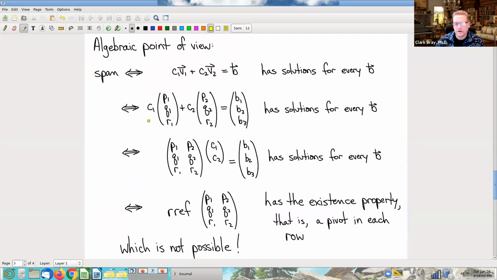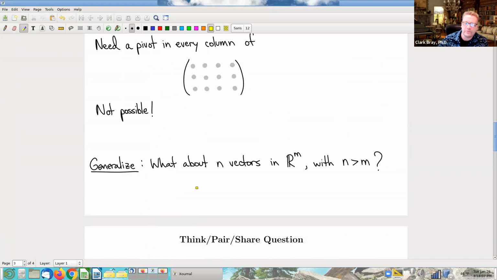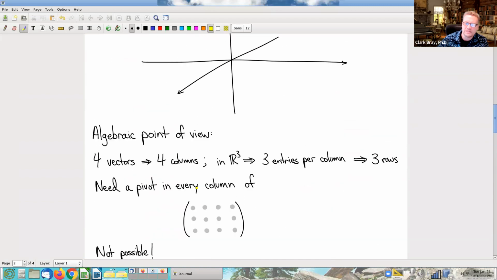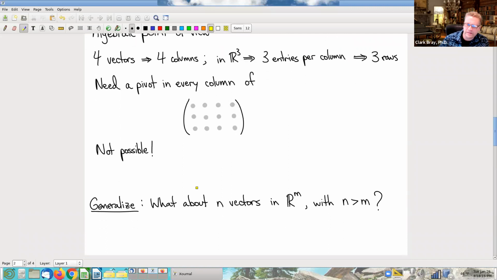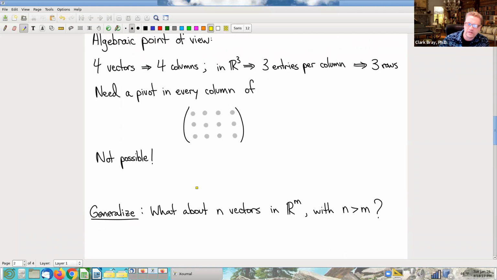Okay, all right. So let's consider now, before we go on here, how do we generalize this? We kind of skipped over this previously. So talking about independence, right? The argument was our matrices are going to be, if you will, short and wide, if we're considering too many vectors.